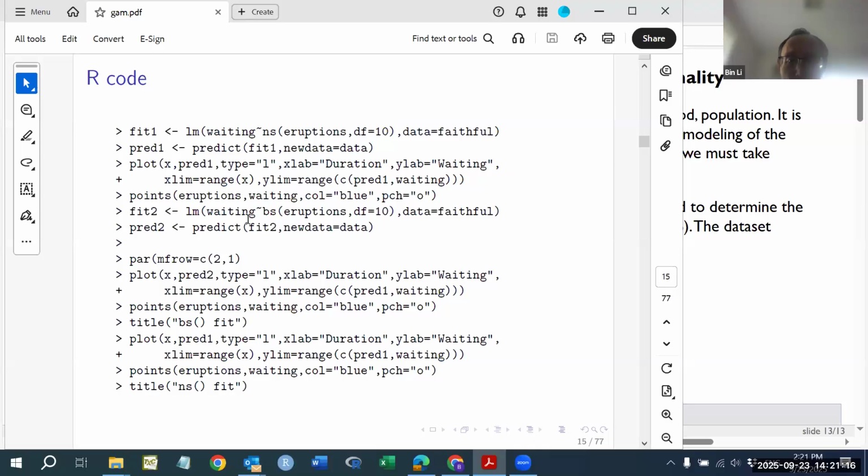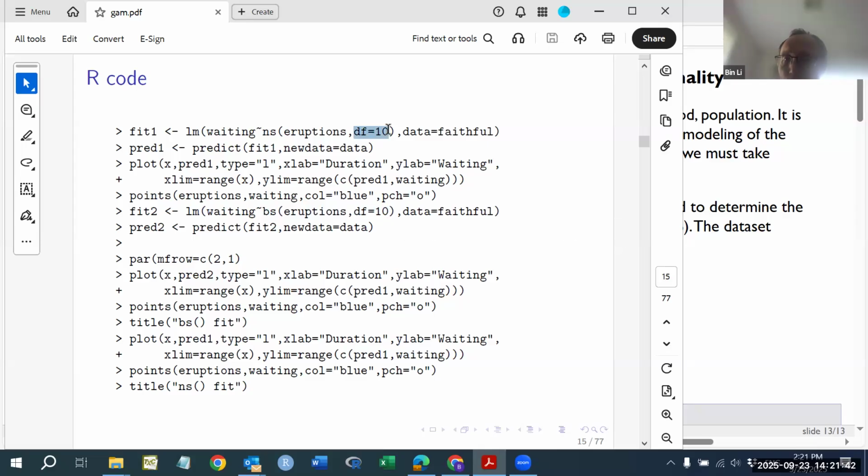For both models, I'm modeling using the B-spline with degree of freedom 10, and the natural spline with degree of freedom 10.